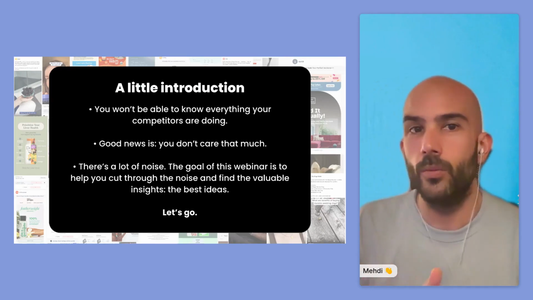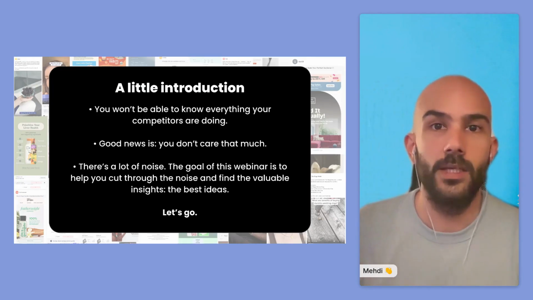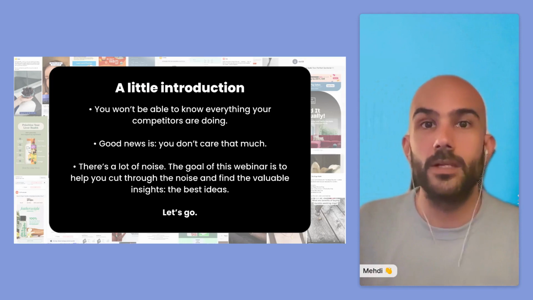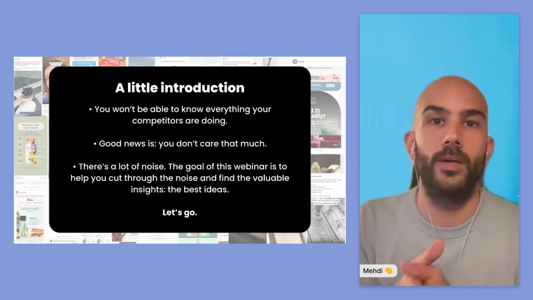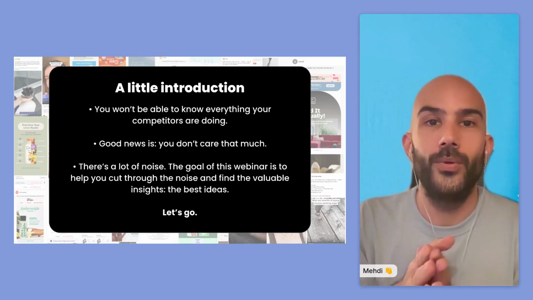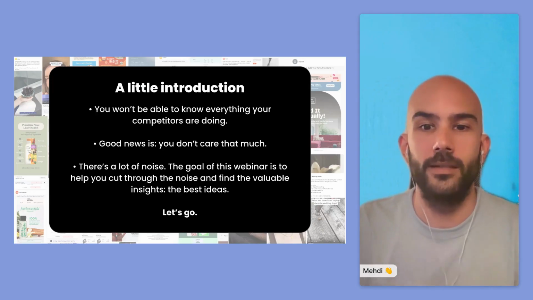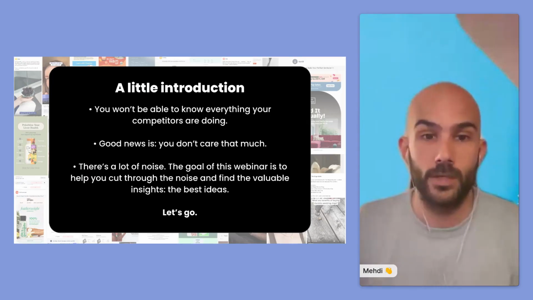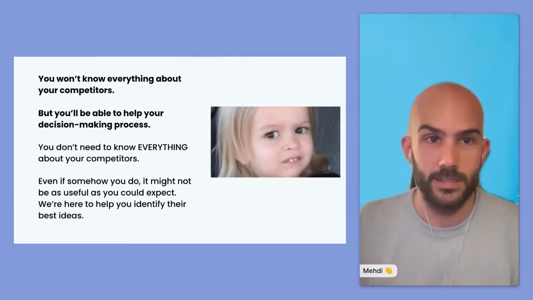Of course, you won't be able to know everything your competitors are doing. The good news is you don't care that much. There's a lot of noise, and among other things, what we're going to learn today is how to cut through the noise and find the most valuable ideas and practices that your competitors are doing, their best ideas.